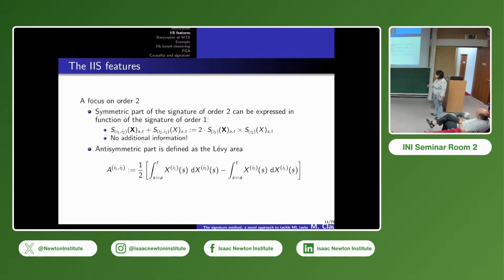The signature of order 2 is a matrix, with a symmetric part and a skew symmetric part. In the symmetric part, basically, you have nothing, because it is the product of the order 1. So what is interesting is the anti-symmetric part, the skew symmetric part, and we focus on it.